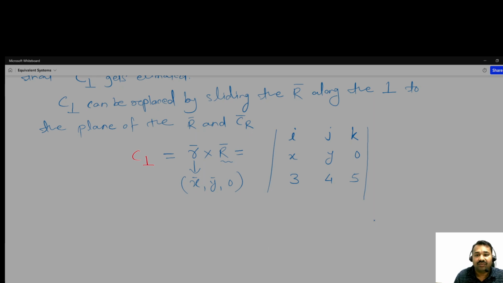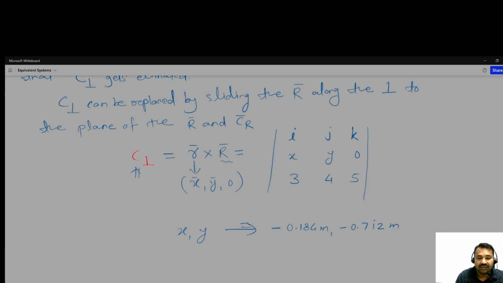We have to equate the coefficient of i and so on, and from this equation we get the x and y coordinates. We get minus 1.0 meter and minus 7.12 meter.